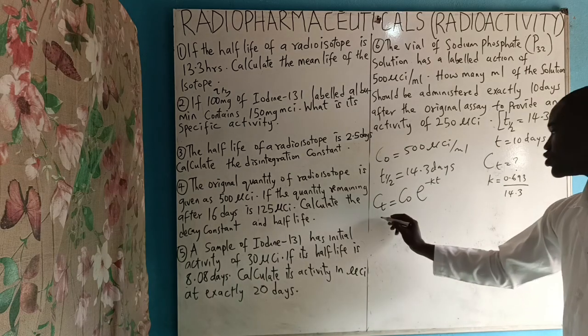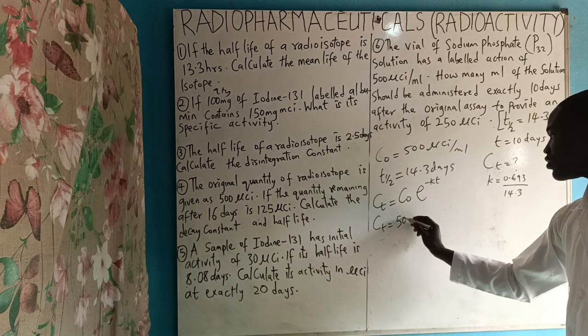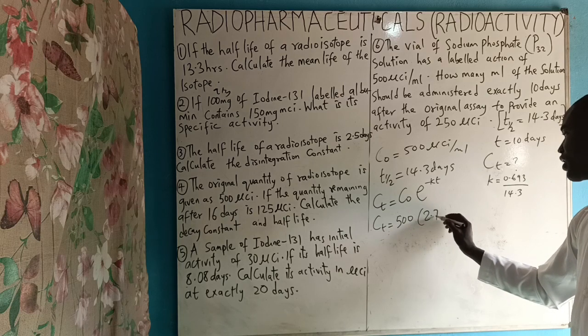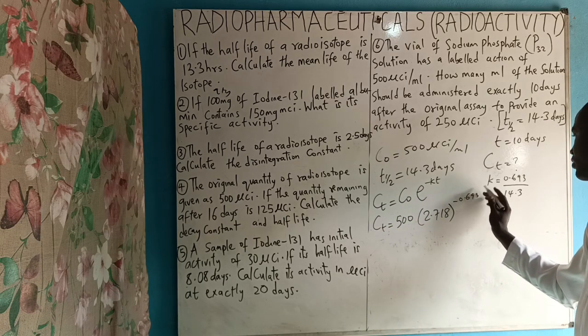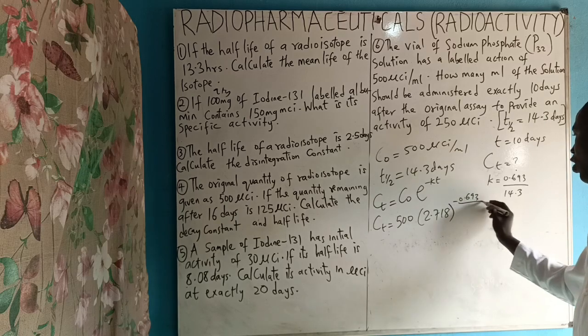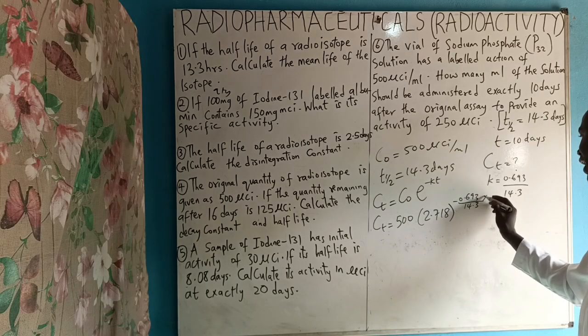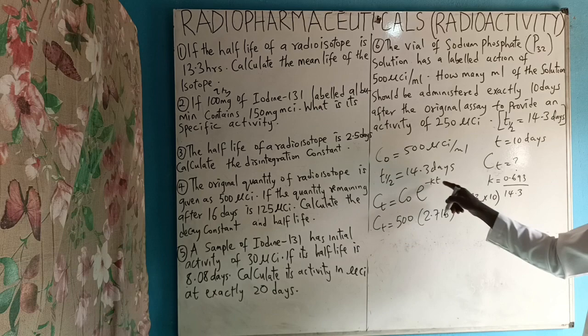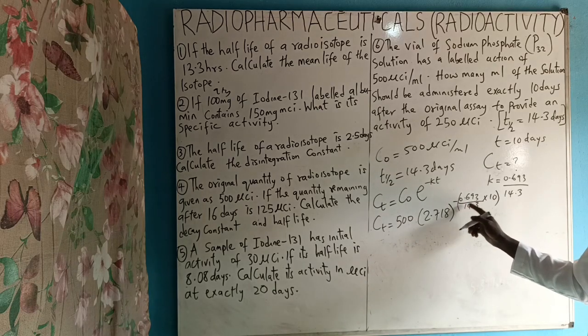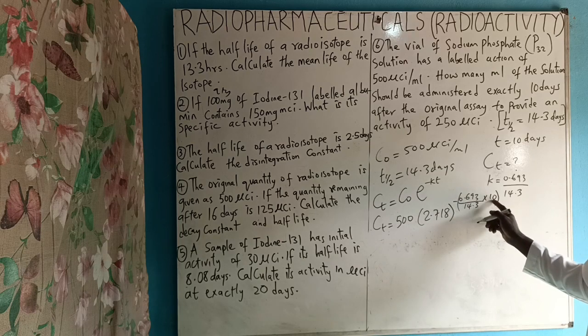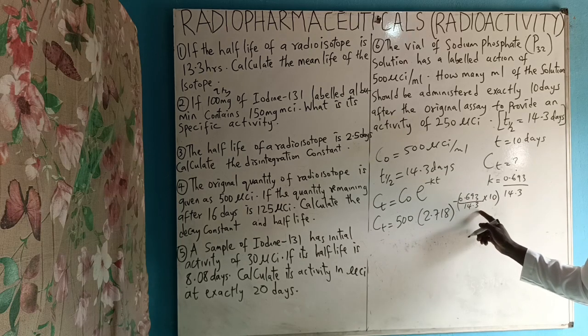Are you getting it? So C(t) equals 500 times 2.718 raised power minus 0.693 all over 14.3 times what? 10. That is your t. All of that is the power. So when you sort this out with your calculator, this times 10 is 6.93 all over 14.3.